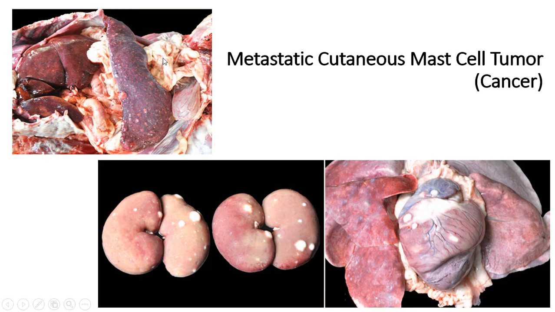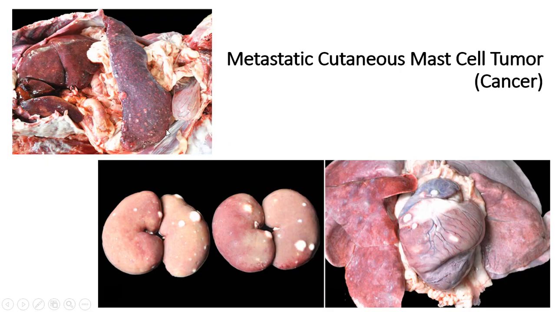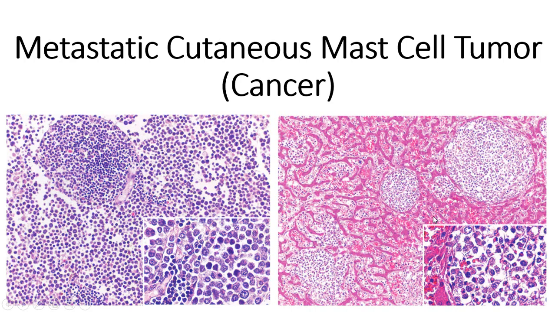These dogs, with the tumors here, also have smaller nodules in the spleen, kidneys, heart as well, and lungs here. This characterizes metastasis.